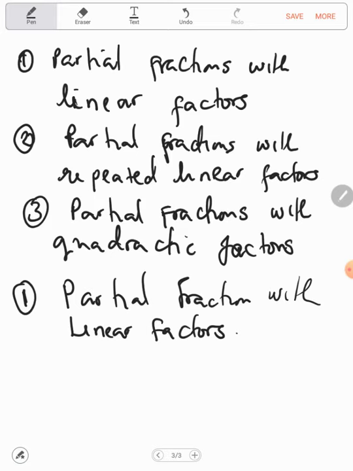When we have linear factors, let's have an example.